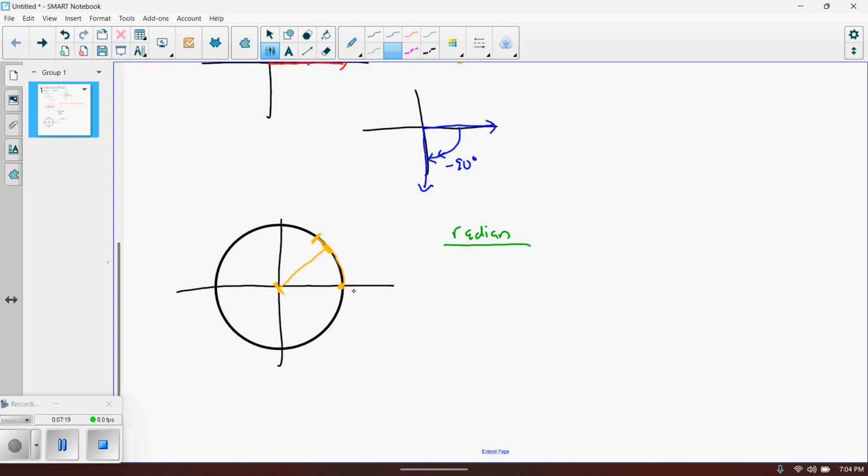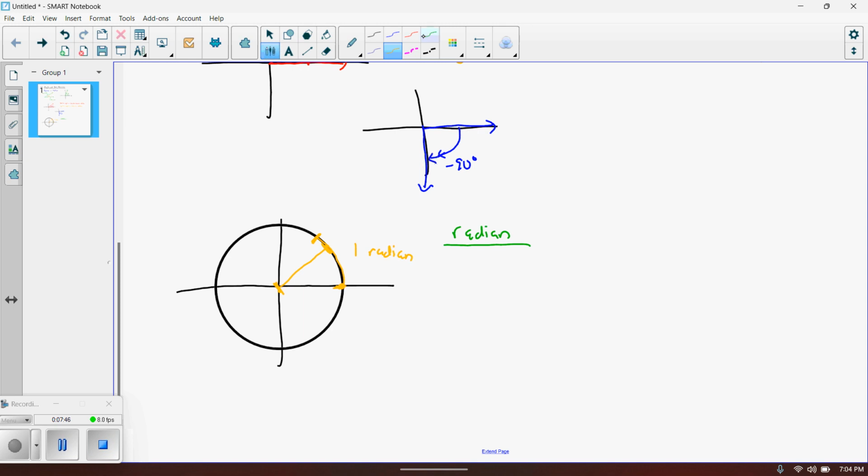So the radian would be that distance, 1 radian, would be that distance around the outside of the arc of the circle. So a radian is going to be 1 distance which is identical to the length of the radius measured along the outside of the circle.